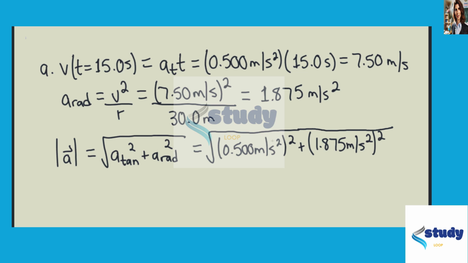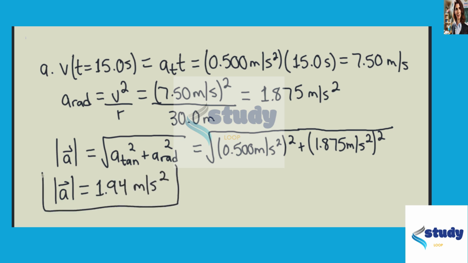We're taking the square root of the sum of the squares, and we find that the net magnitude of the acceleration is equal to 1.94 meters per second squared. So this would be the magnitude of the net acceleration.